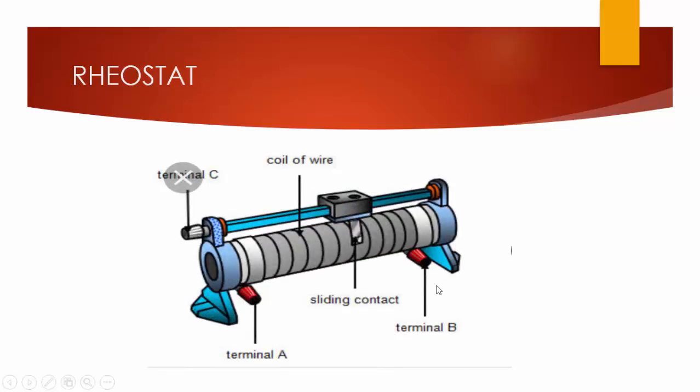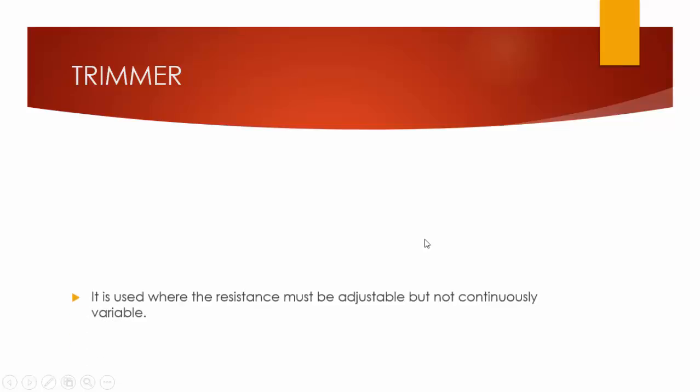You might have seen this structure kept in your physics lab or somewhere, as it is very common. And this is the slider which is used to slide across this length so that the resistance can vary across its length. Now coming on to the last topic of this lecture, trimmers.